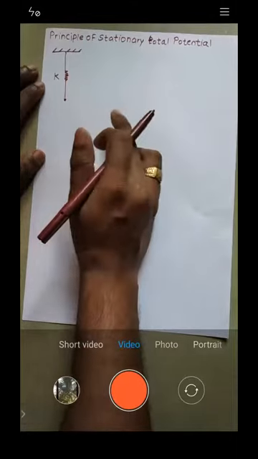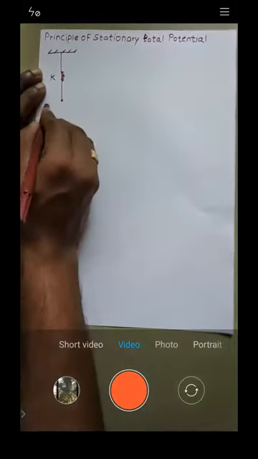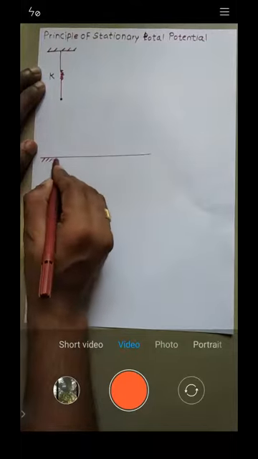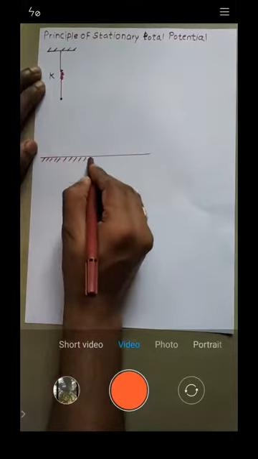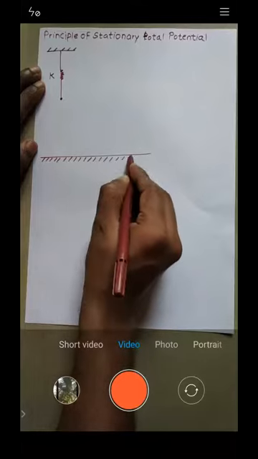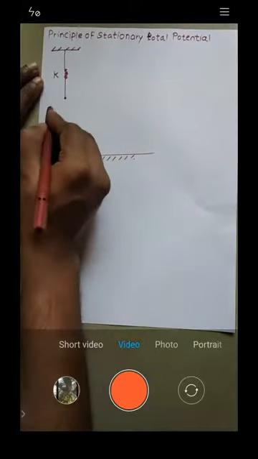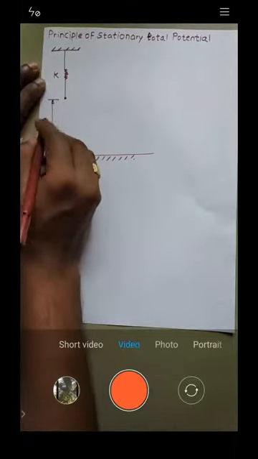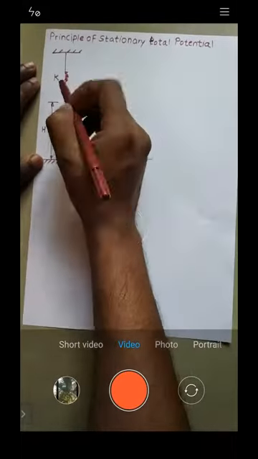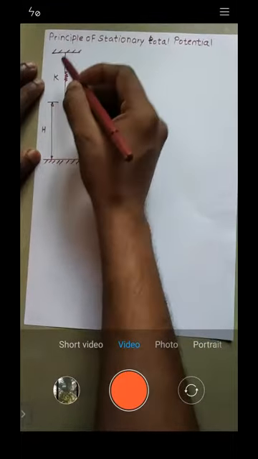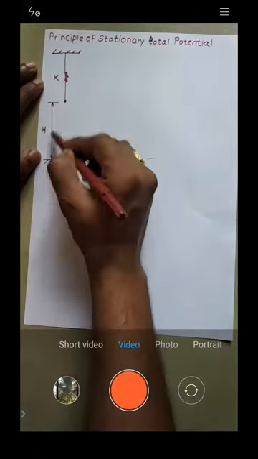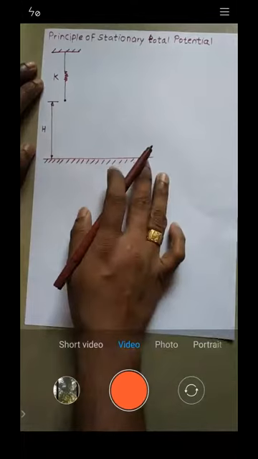Let's consider that the free end of this spring is at a height h from the ground. Simply put, one end is fixed and the other end is free, at a distance h from the datum, which is basically the ground.